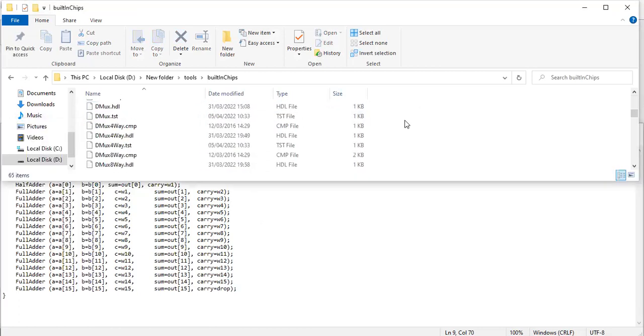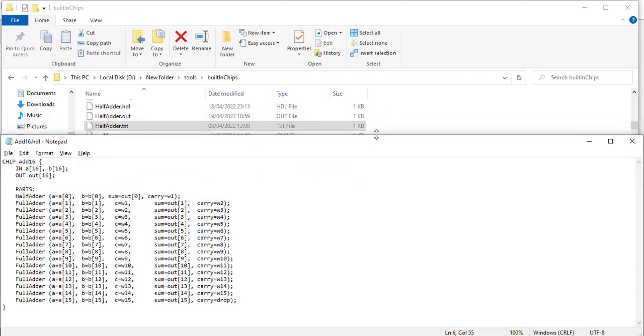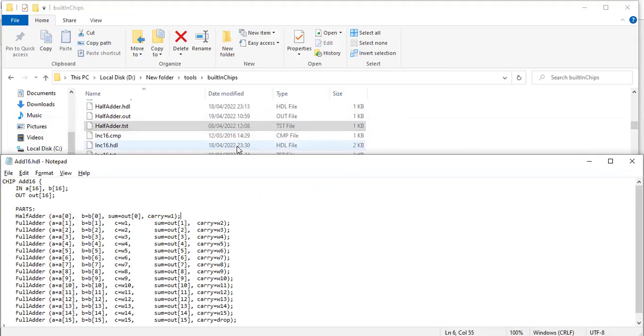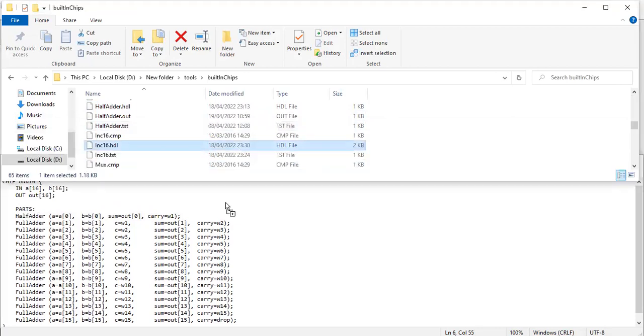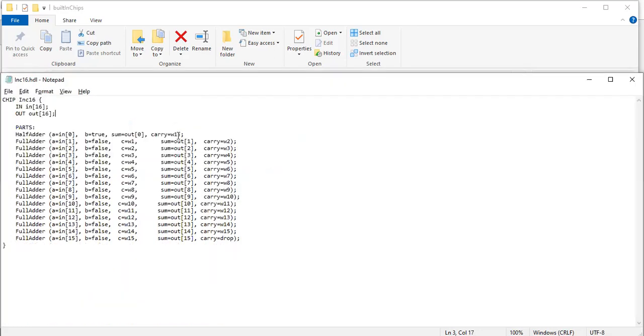So akong ibutang diri ang 16-bit incrementer, wala kayo kalahian sa codes. Ito na ko ha. Wala kayo difference, di ba? It's because I based this 16-bit incrementer sa inyong gibuhat na 16-bit adder.